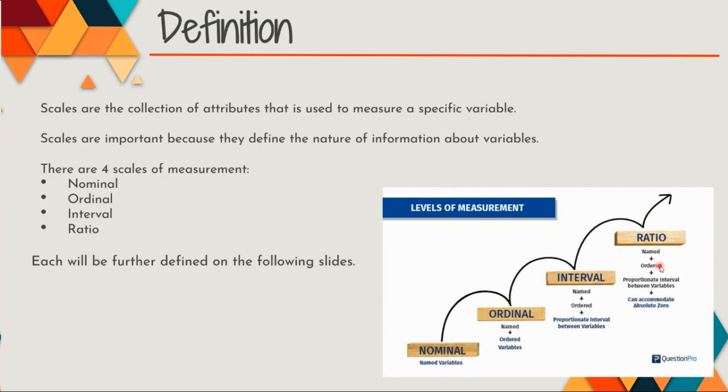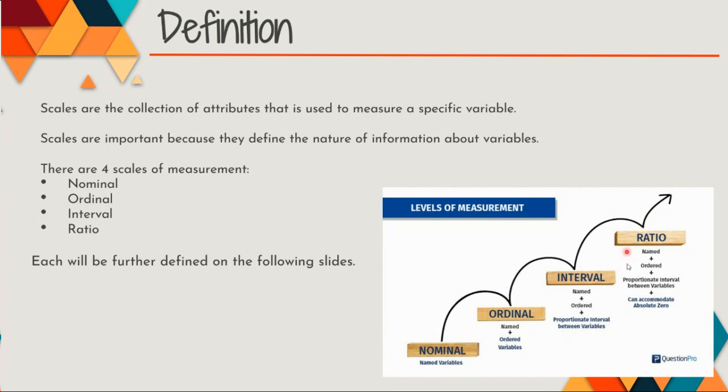And then ratio variables are really just like interval, but they can accommodate an absolute 0. As you saw in my previous example when talking about interval variables, I didn't include a household income of 0, did I?